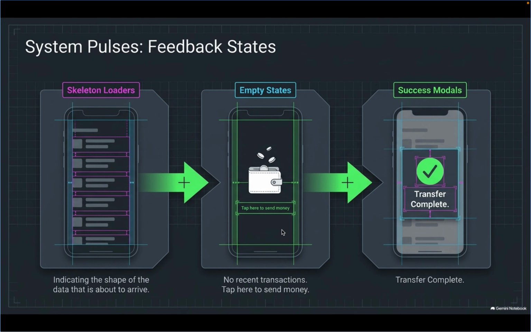Okay, so the next one we have is system pulses feedback. Whenever you are designing your components, these are some of the things you design and hand off to the developers, right? So we have skeleton loaders. If you look at most of the applications that we have now, they have skeleton loaders. What a skeleton loader does is indicate the shape of the data that is about to arrive.